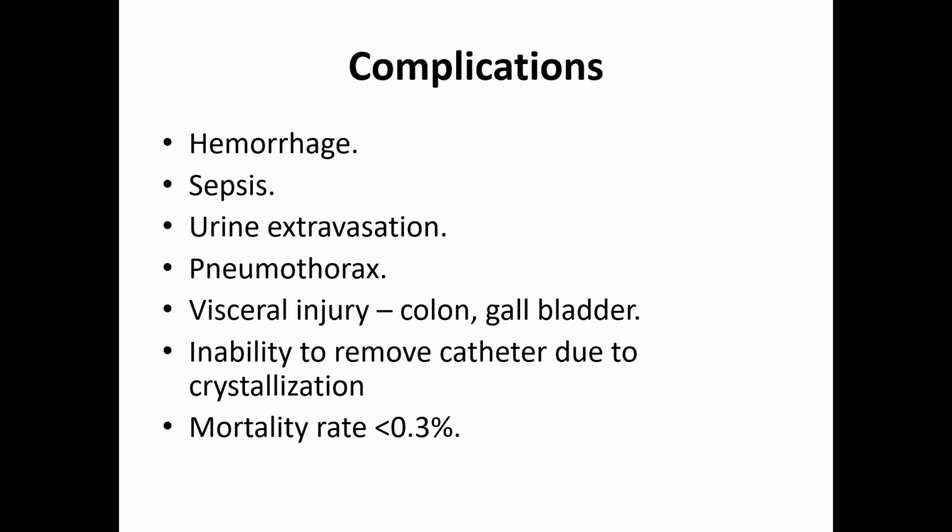Bilaterally, you may have a pneumothorax, mostly on the left side because the kidney is higher than the right. Sometimes, if a long-standing catheter is there, or the patient forgets to come to the hospital to change or remove the catheter, there will be crystallization and it's difficult to take out. The mortality is less than 0.3%.